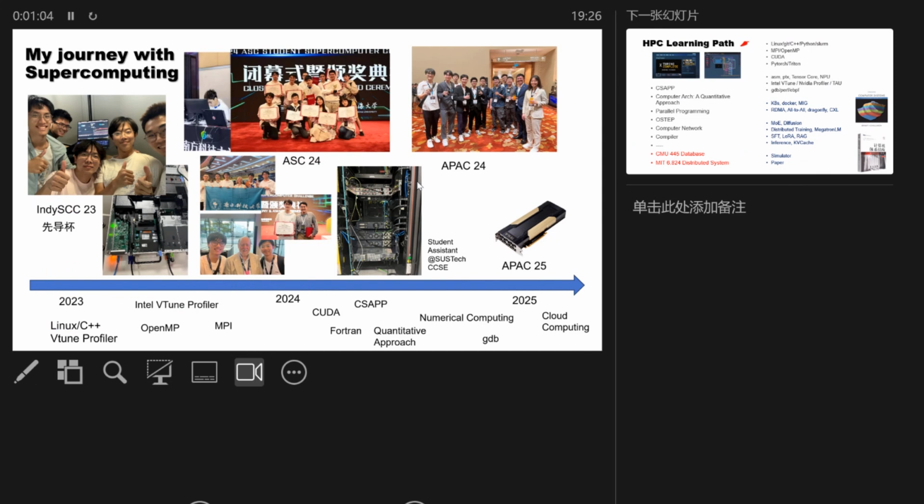My journey with supercomputing started in 2023, when I participated in the SUSTCSC 23 and Xiandao competitions. After that, I learned some techniques like the VTune profiler, OpenMP, and MPI, and in 2024, I participated in ASC24 and learned a lot of things. I had a good experience in Shanghai.